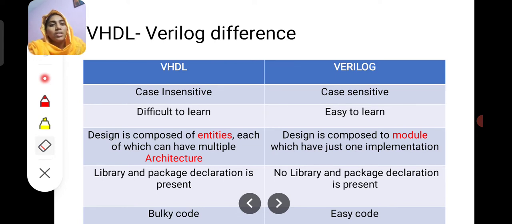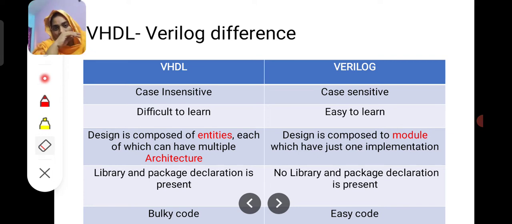Why? Because the VHDL program structure is divided into two parts, the entity part and the architecture part. What does entity mean? Entity gives the information about external signals like inputs and outputs, and architecture gives the information about the internal structure.